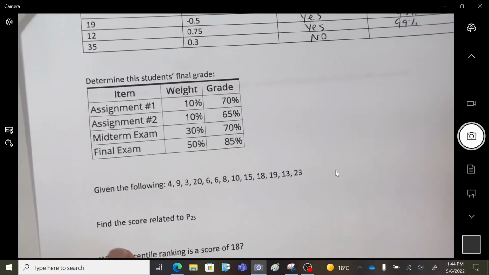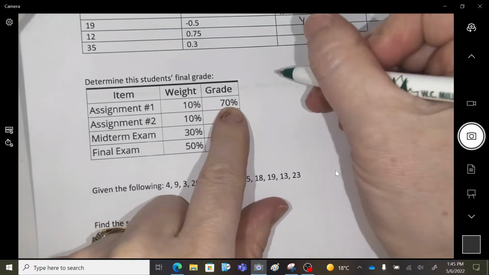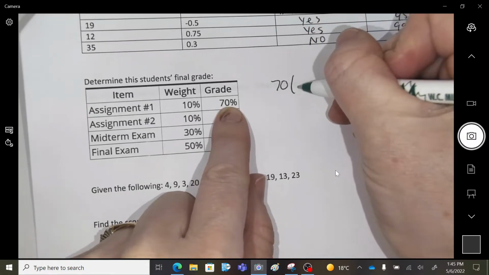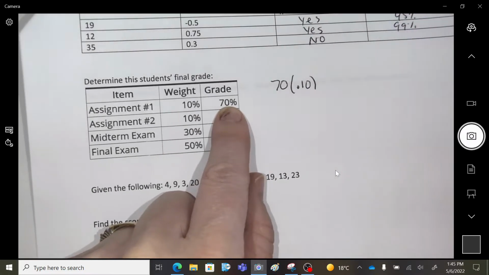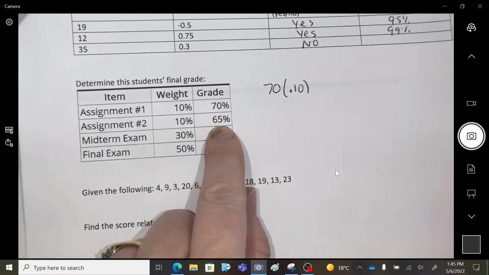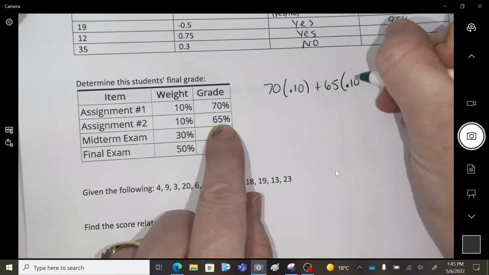Okay, this would be a weighted mean question. So the person got 70% on the first assignment, and it's weighted with 10%. Then they got a 65 on the second assignment with a 10% weighting.